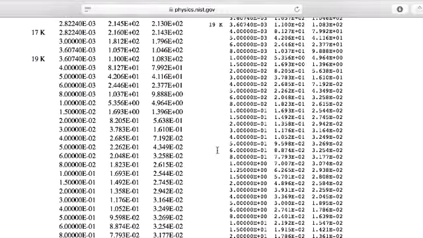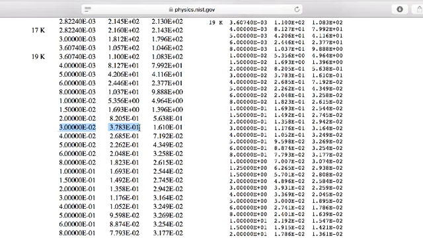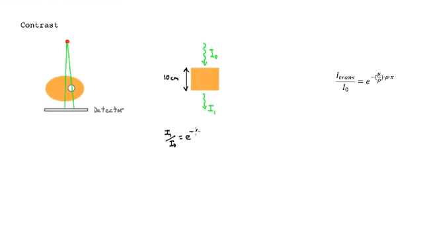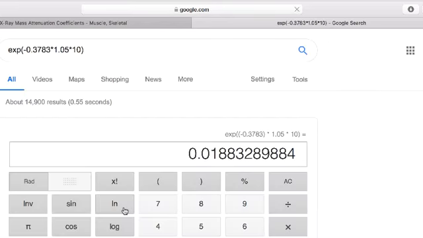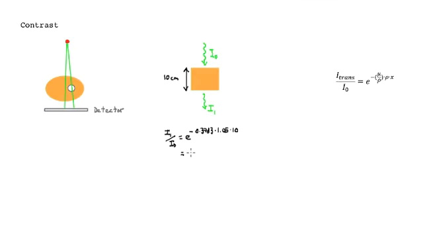I'm looking up mu over rho, and you'll see it's 0.3783 at 30 keV. I multiply by the density, 1.05, times 10 centimeters. Let's type these in and plug and chug, and you see it's 0.0188.